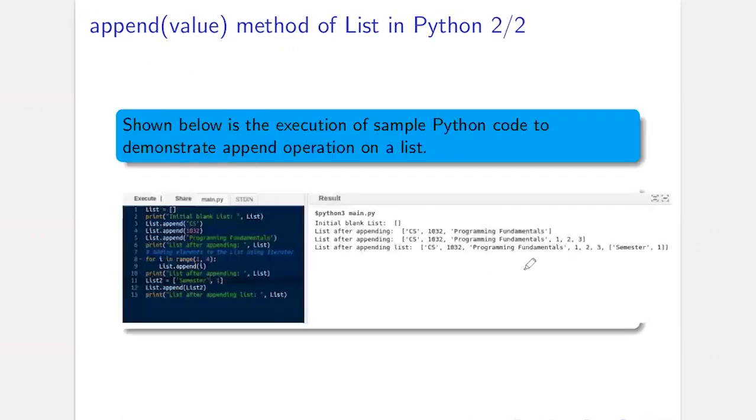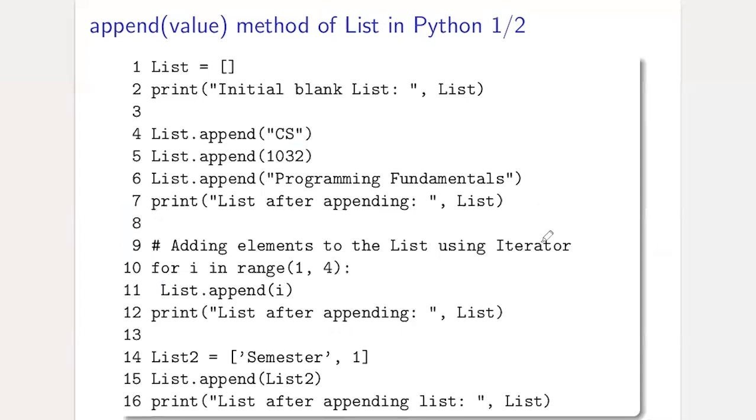So now you can see after appending, I have the values 1, 2, 3 at the end of the original list. As you know, when you give the range function, it starts from the first value and goes until the last value except that value. So the range here would be 1, 2, 3, and when it is 4, it will stop the iteration.